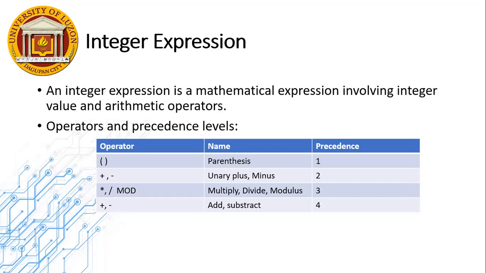Anything inside parentheses should be evaluated first, followed by the unary plus or minus, then multiply, divide, and modulus, and lastly add or subtract. I think you are all familiar with this from the PEMDAS rule. It's almost the same, I think it's the same for the PEMDAS rule.